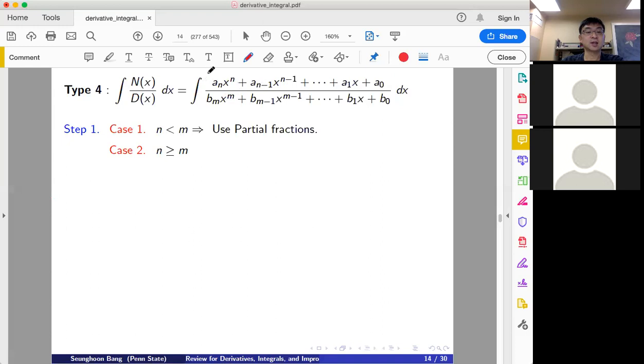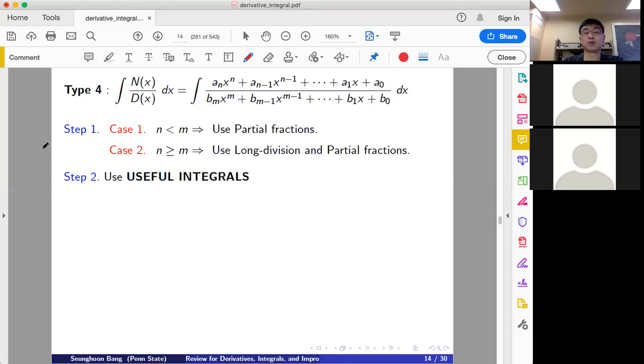Second case: the top power is greater than or equal to the bottom power. You can use long division and partial fractions. Step 2, you can use useful integrals. What is the integral of 1 over x? ln of the absolute value of x plus c.